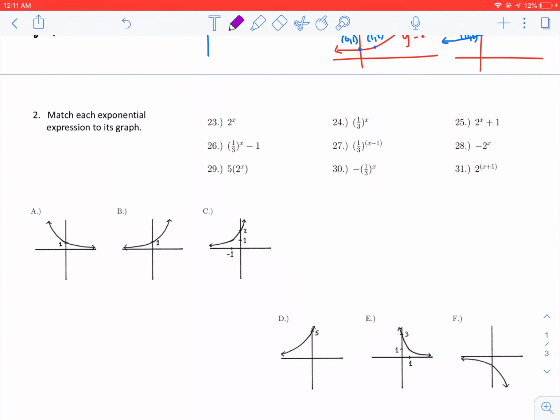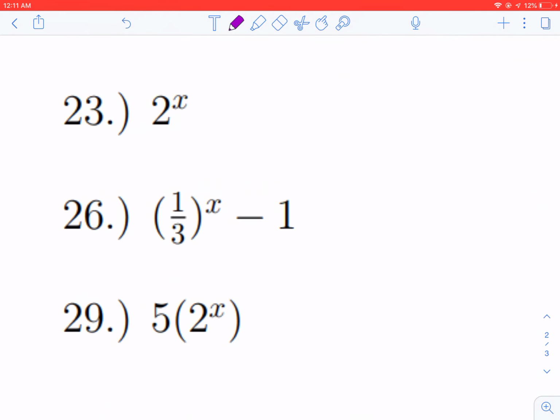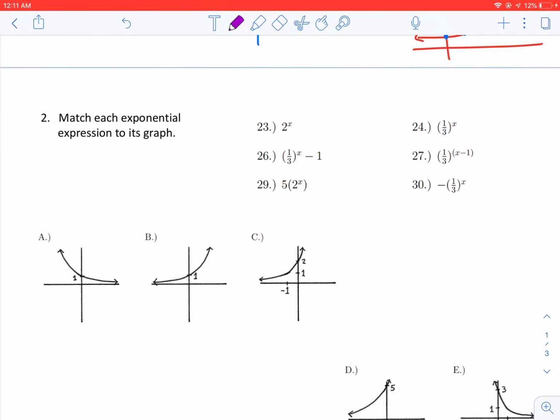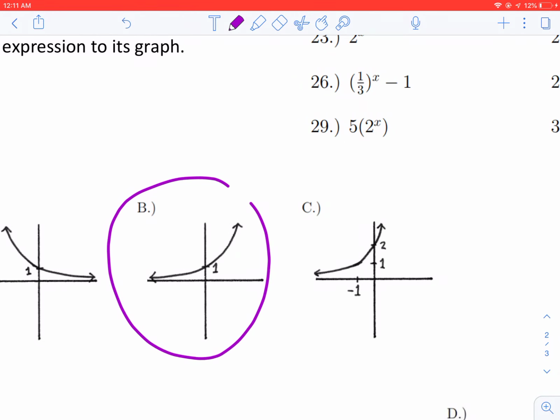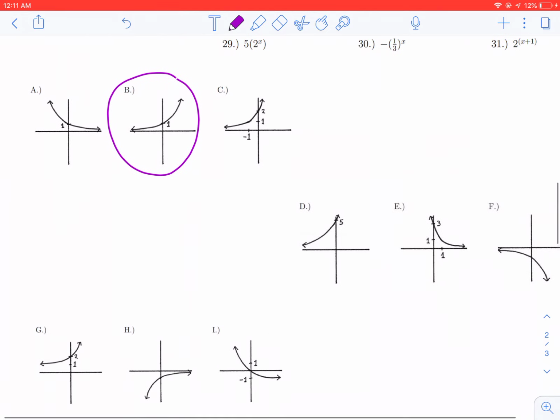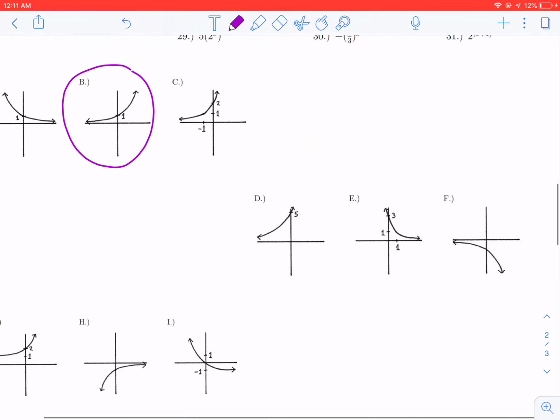And here we go. All right, so first one, 2 to the x power. So I think that's going to look like B, because we know it's increasing because our base is greater than 1, and the y-intercept would be 0, 1. Is that the only graph that has those two criteria?